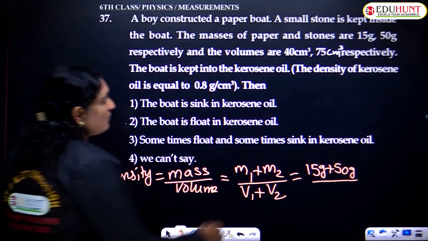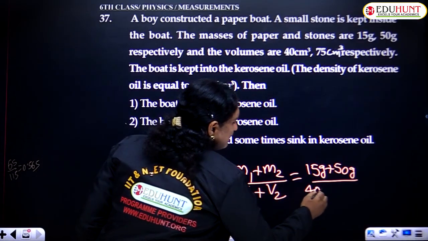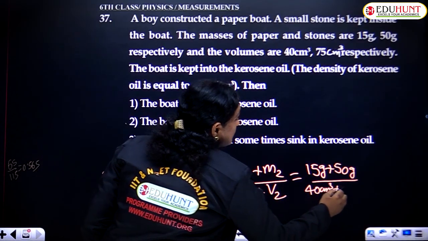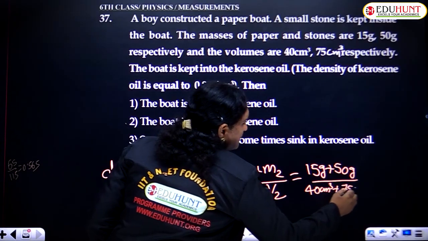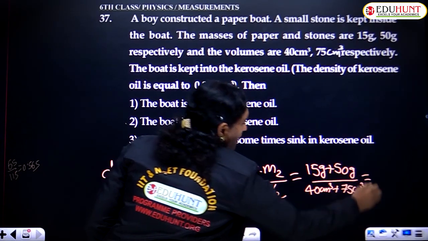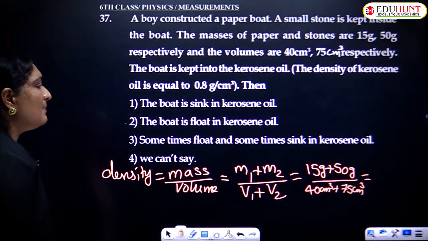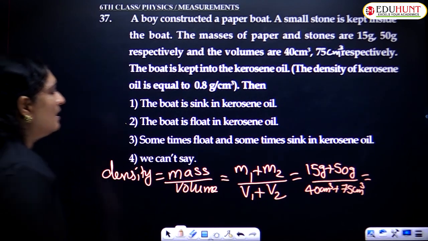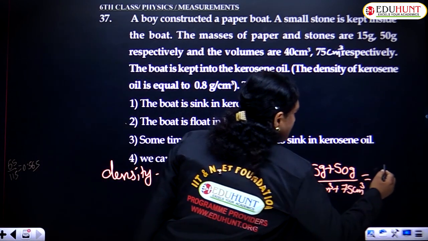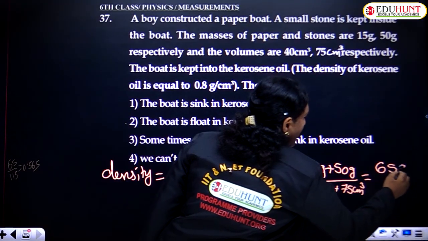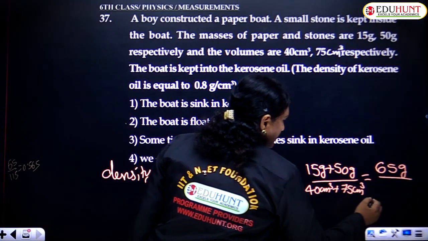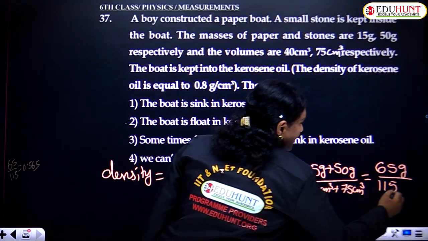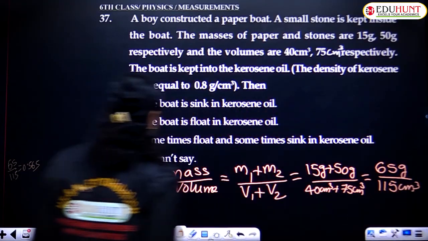V1 plus V2 is 40 centimeter cube plus 75 centimeter cube. So how much are you getting, children? 15 plus 50 is 65 and 40 plus 75 is 115. So this is 65 grams upon 115 centimeter cube.